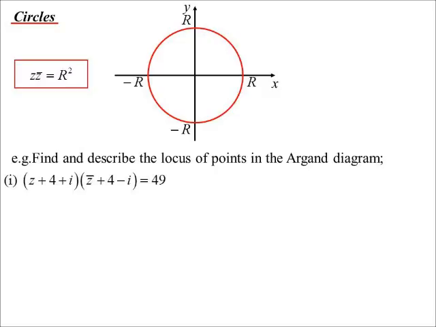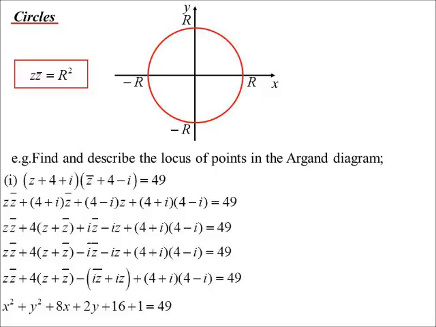And just to prove it, let's expand the whole thing out, tidy it up. Lots of z's in there. Let's substitute in x and y so we can see what the Cartesian equation is. And with a bit of completing the square we eventually get it. So it actually is the circle x plus 4 squared, y plus 1 squared is equal to 49.